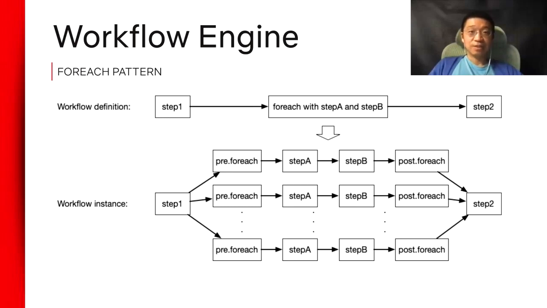Think about thousands or tens of thousands. Also, they need to create new workflows if the foreach range changes. With the direct engine support, users just provide an array of parameter values for foreach and jobs to run. They can change parameter values without recreating the workflow.